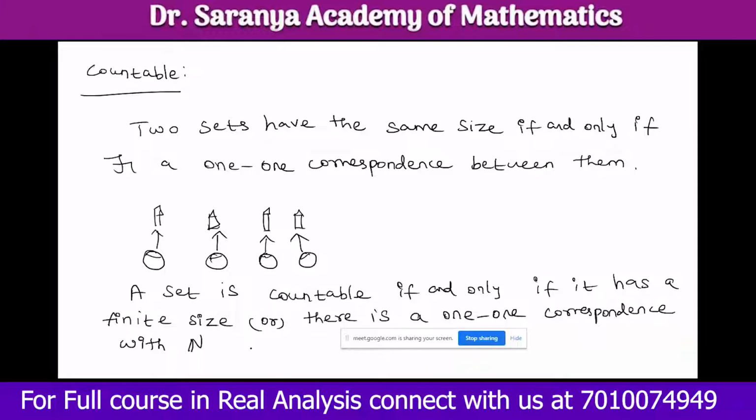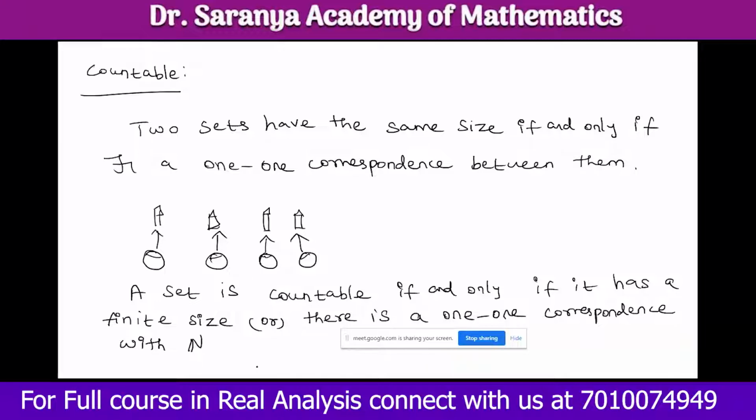So countable means finite is also countable, infinite is also countable, correct? A finite size set is countable. An infinitely countable set means there is a countable number of elements but it has infinitely many. That is why we can map it with the natural numbers.